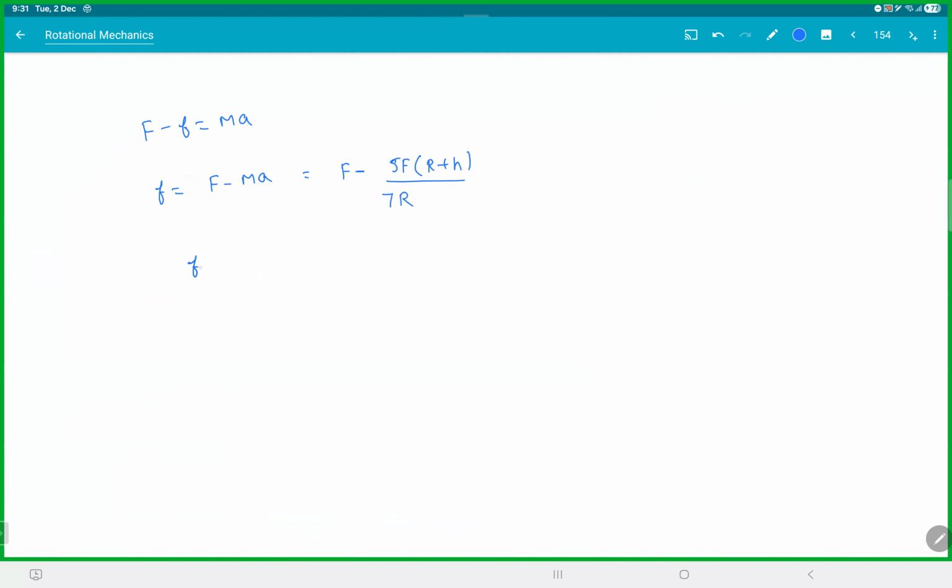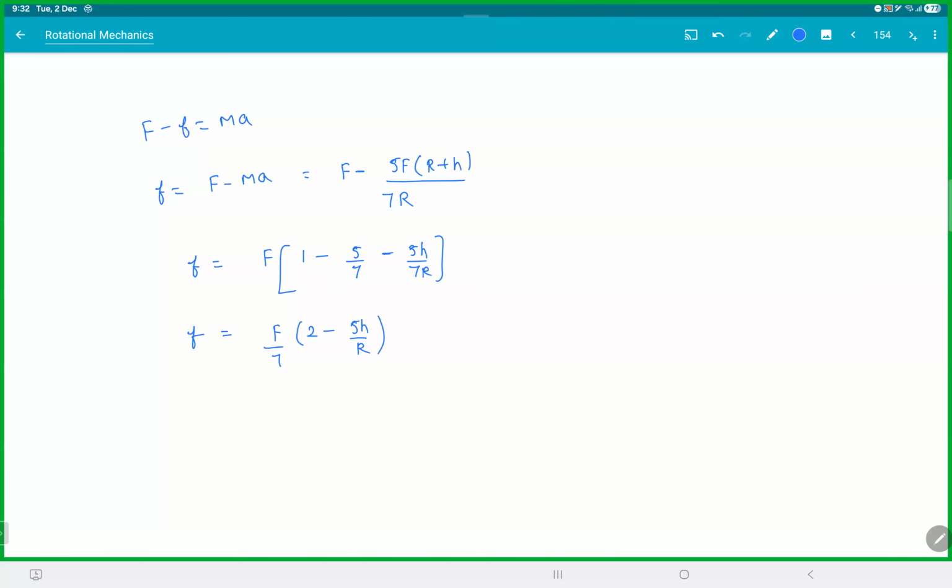Take out F common. Then that would be 1 minus 5 by 7R minus 5H by 7R. That will be 2 by 7. So F by 7 times (2 minus 5H by R). This is your friction.